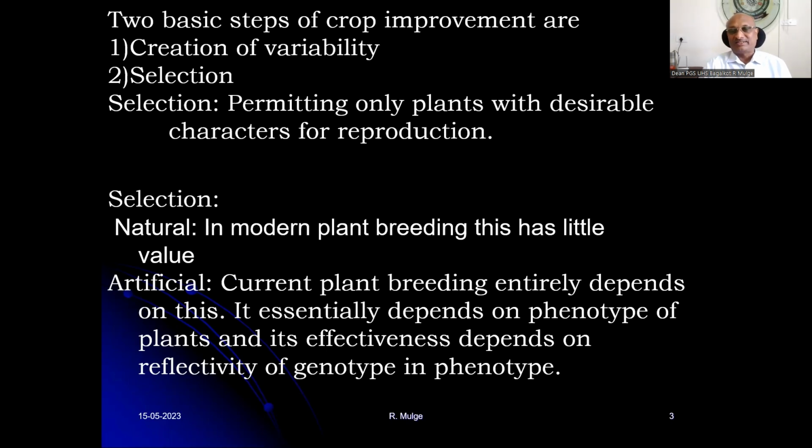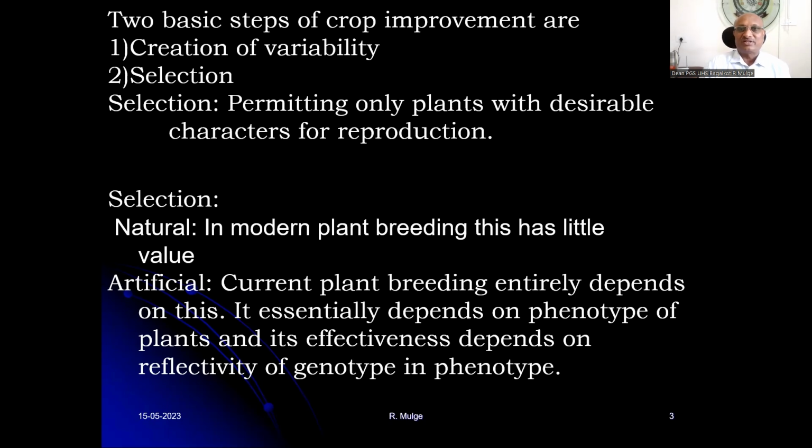Or else, if you grow a population in high temperature, the plants which are tolerant to that high temperature will survive, others will die down, right? Or some disease is there. The plants which are resistant to that particular disease will survive, others will vanish.